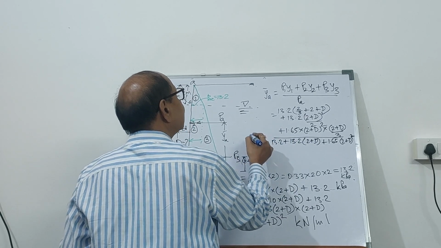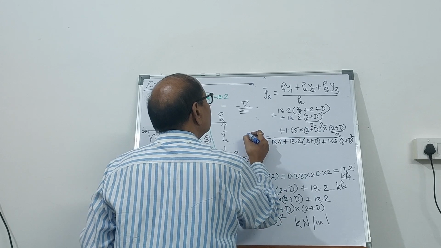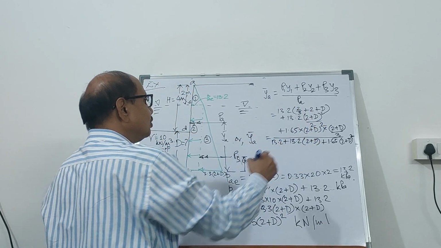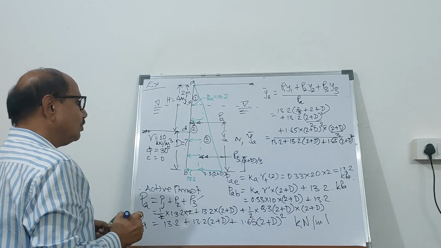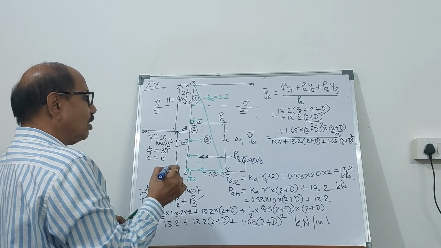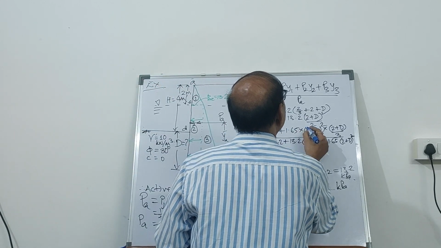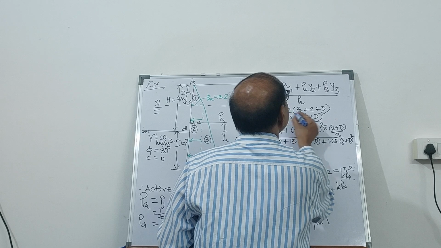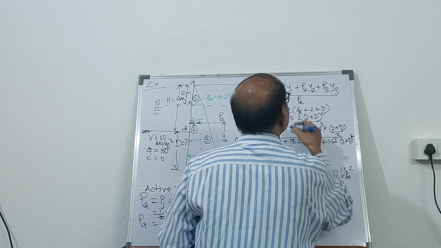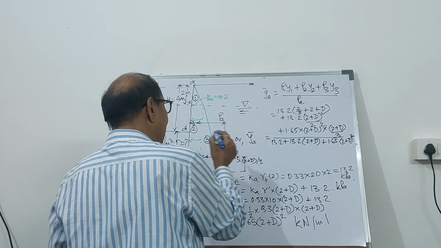In terms of D, you get the value of YA bar. You can simplify it, everything can be simplified. So YA bar you know.